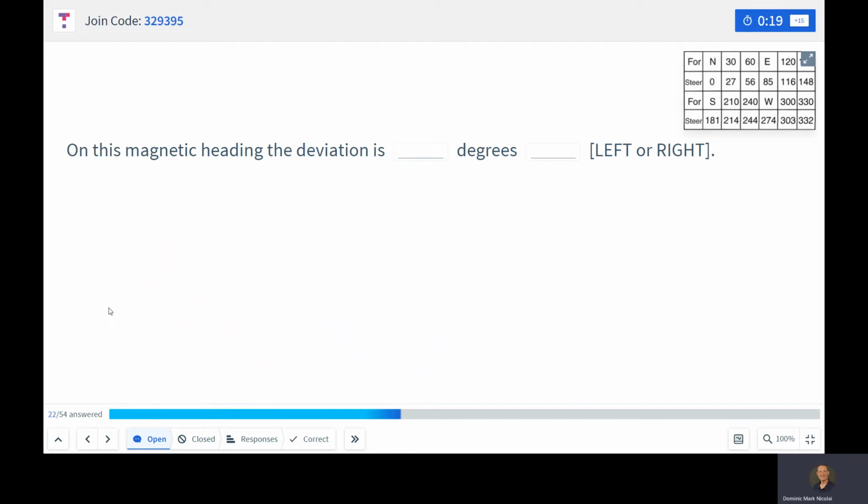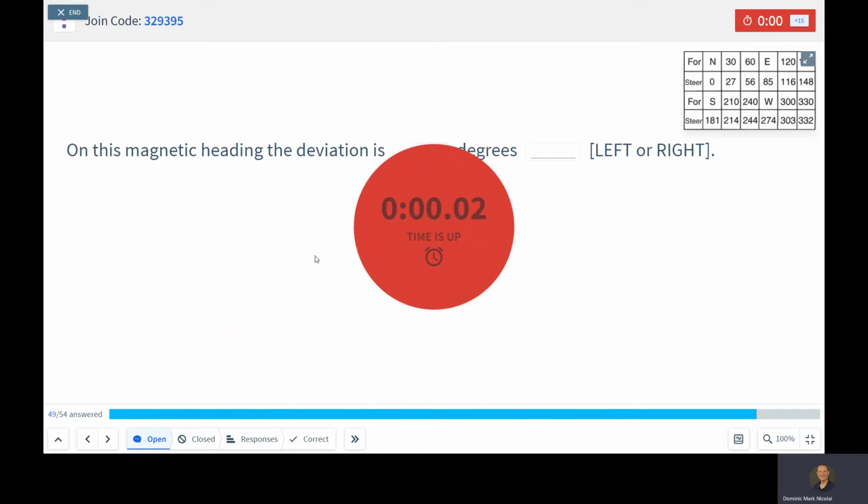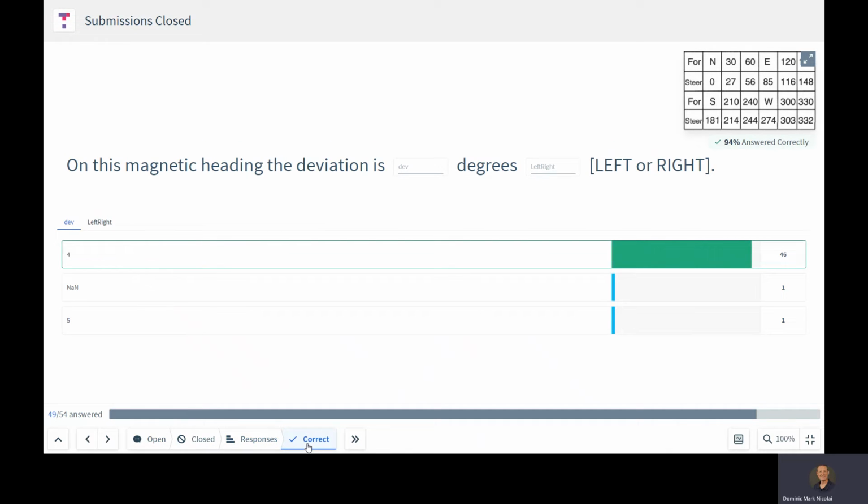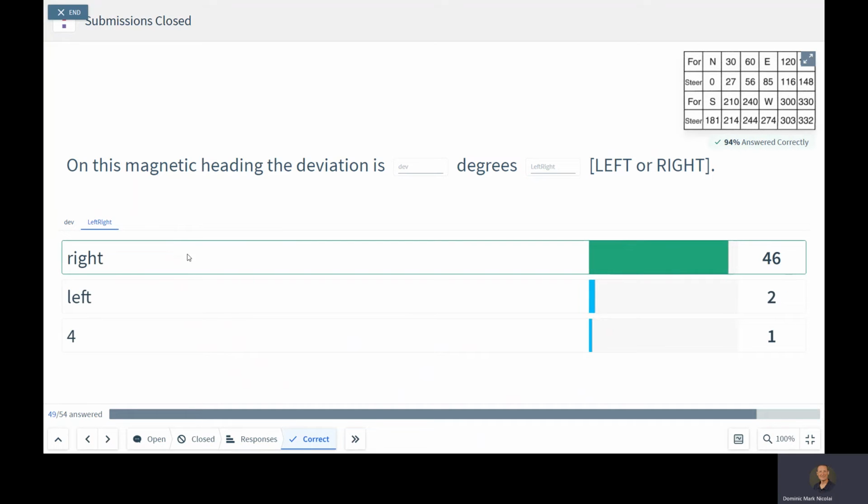If they go bigger, that's an addition. Okay, so the amount of degrees is 4 degrees, and that is going to be a right correction.